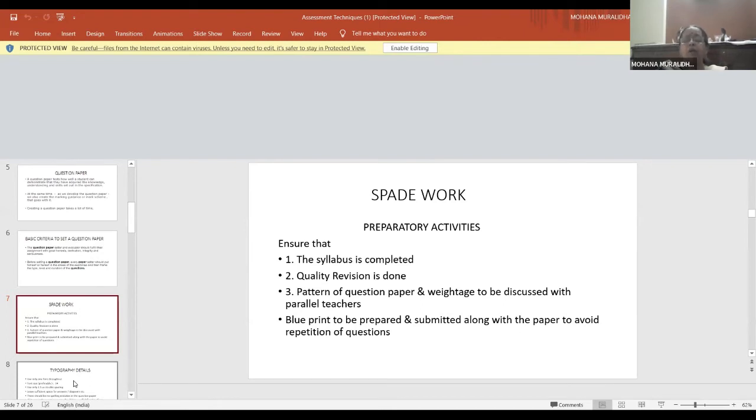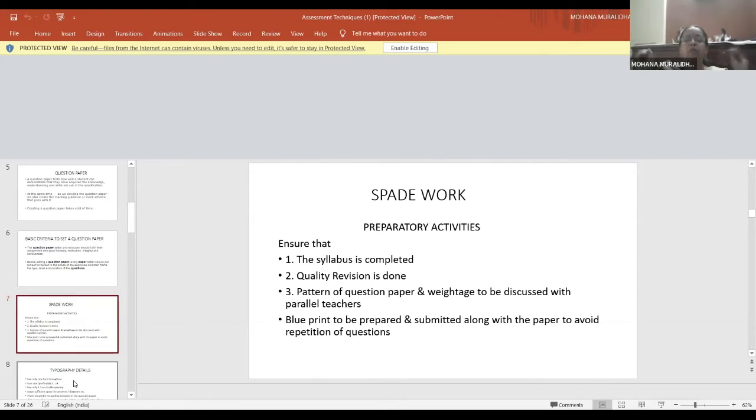And the pattern of the question paper and weightage is to be discussed with all the parallel teachers. If there are parallel teachers, however many subjects, exams and sections there are, the parallel teachers of all those sections should sit together and discuss the pattern of the paper, weightage, etc., so that no child is put in trouble.